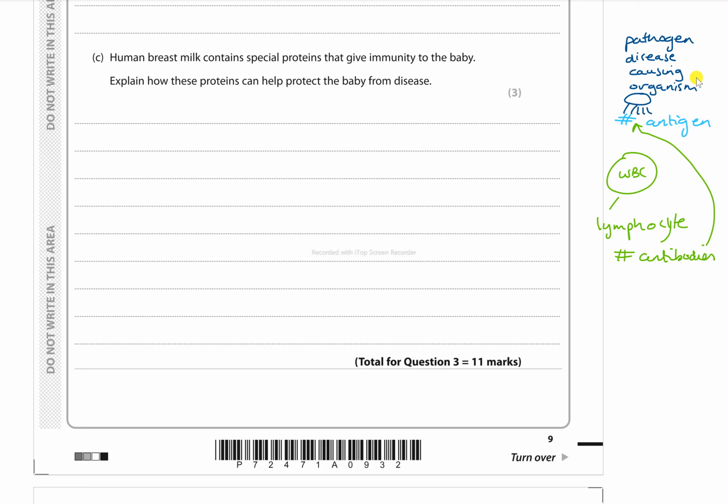Right. So the special proteins are called antibodies, and the antibodies are produced against specific antigens.